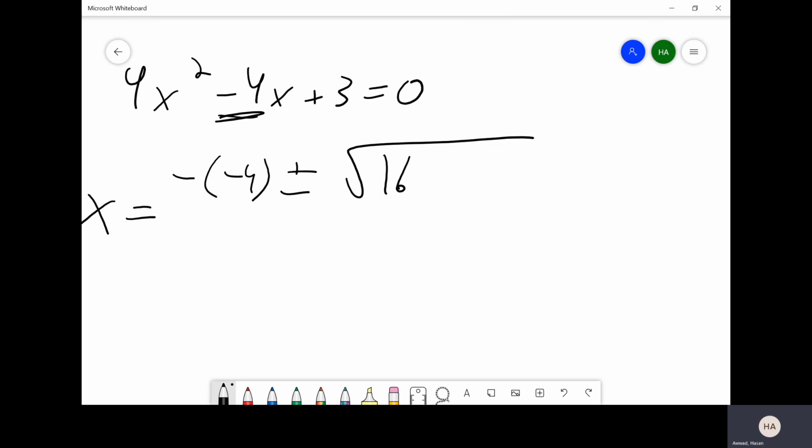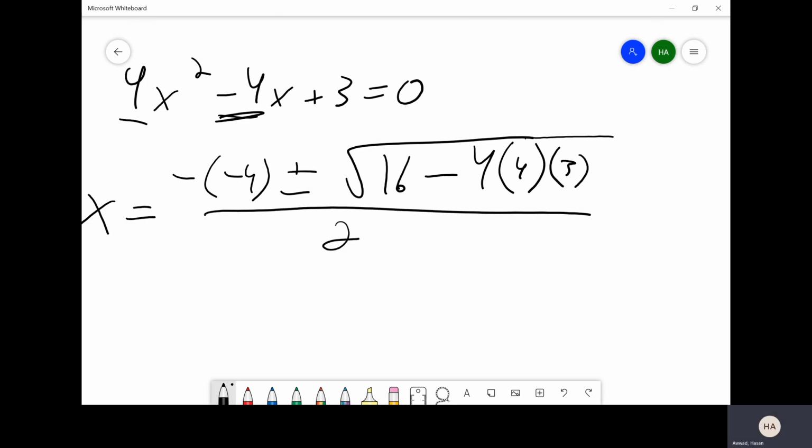So we get 16 minus 4 times a times c. So a is 4, so we have 4 times 4 times c, which is a positive 3, right? Okay, this is all over 2 times a, and a, once again, is going to be 4.